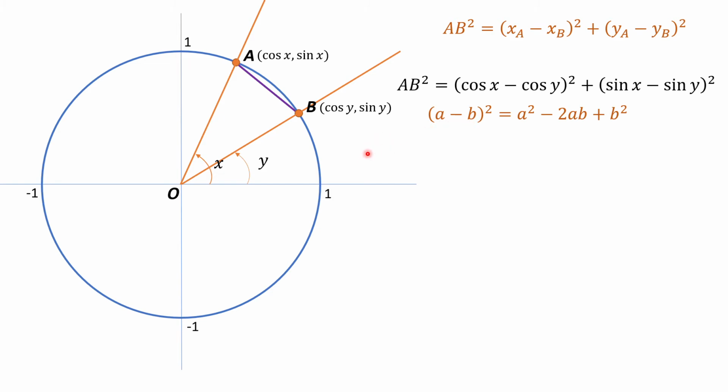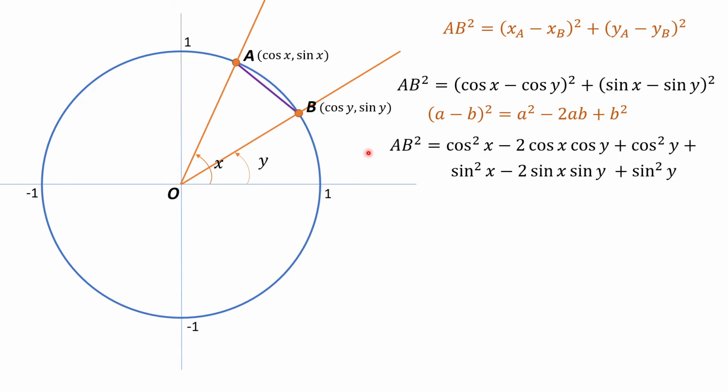If you use this formula and open up both parentheses, we're going to have an expression like this. The first 3 terms on top are what you get when you open up the first parenthesis for cosines, and the second 3 terms are what you get when you open the sines.